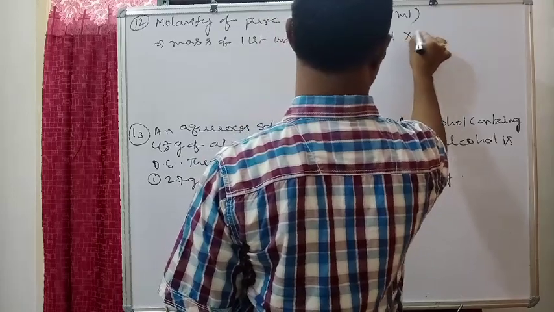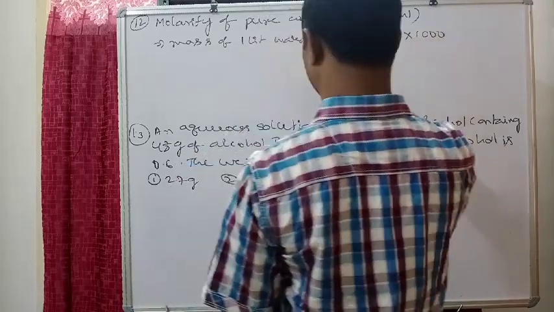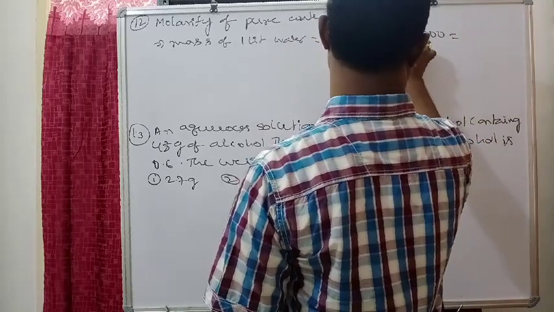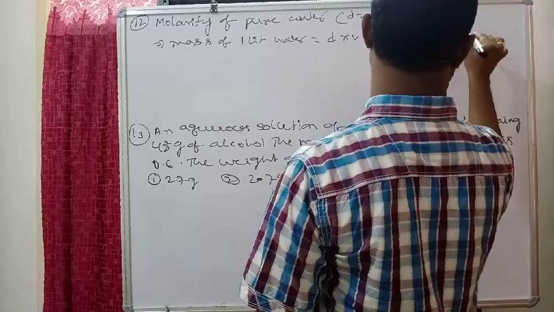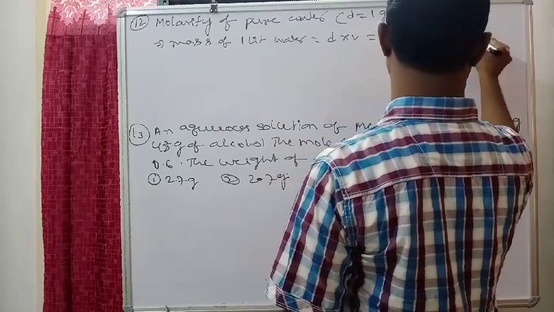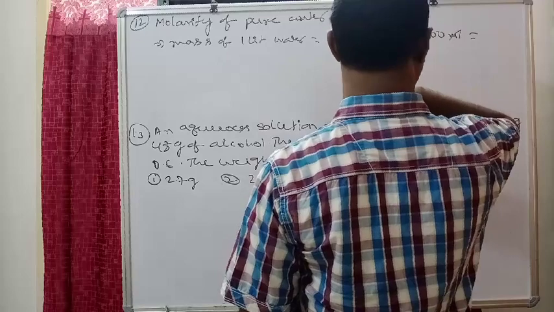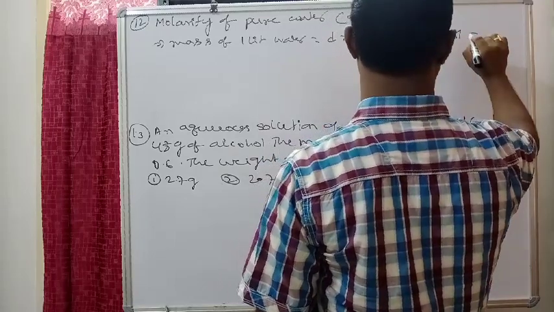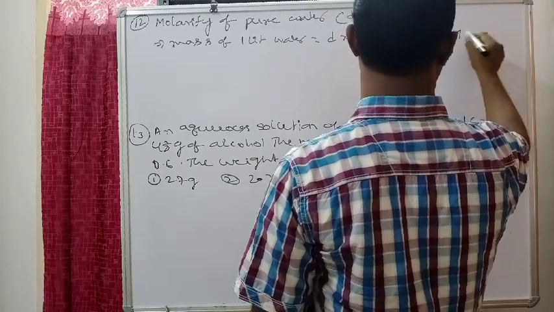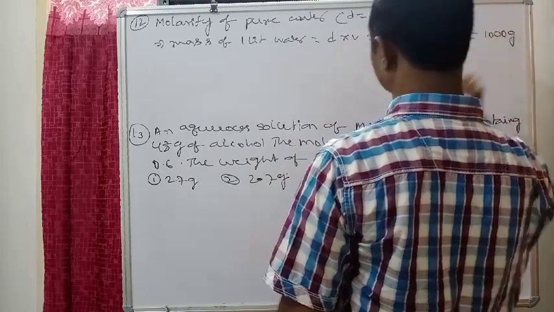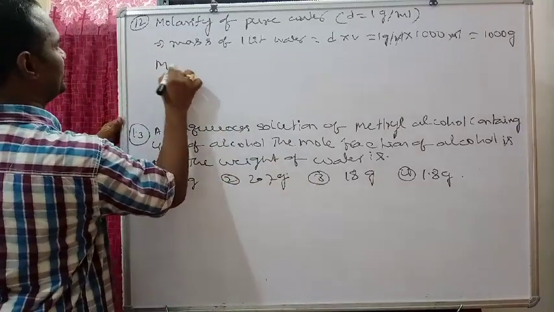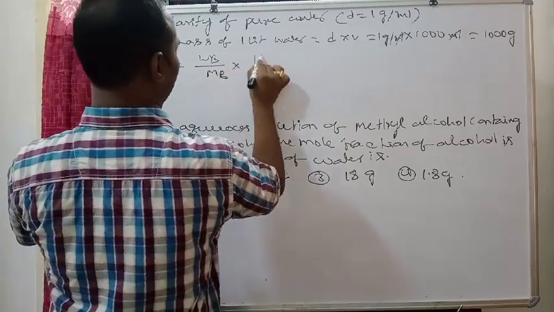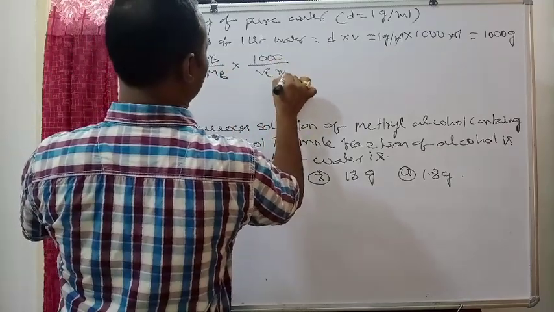Density 1 gram per milliliter into volume. 1 liter means 1000 ml. Here 1 gram per milliliter into milliliter, milliliter cancels. So 1000 grams.